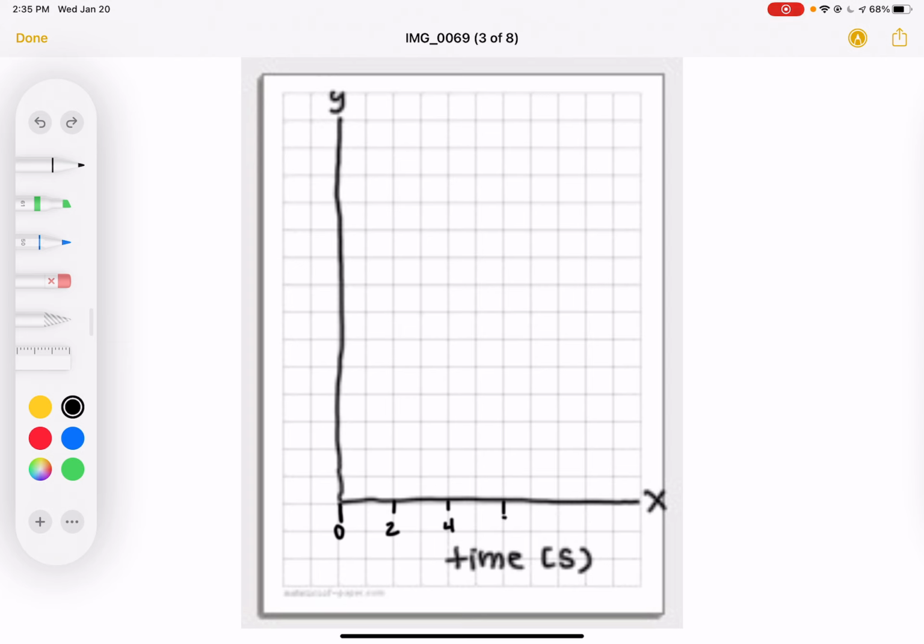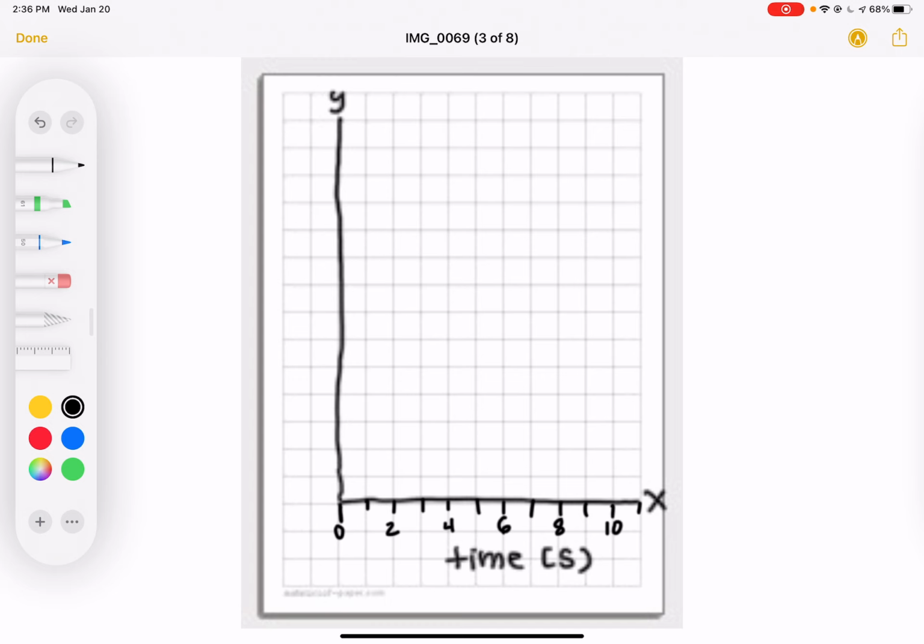It's really important when you're doing a graph that you keep your units the same amount. You can't go 2 here and then 10 here. Each block on your graph represents a certain amount, and as long as you're keeping it the same, you can do it however you want. So on the side, I'm going to use each block as 1 second: 1, 2, 3, 4, 5, 6, 7, 8, 9, 10. It could go up to 11.